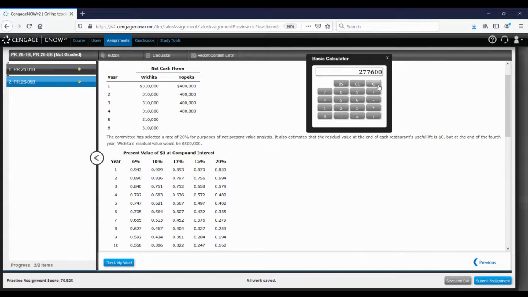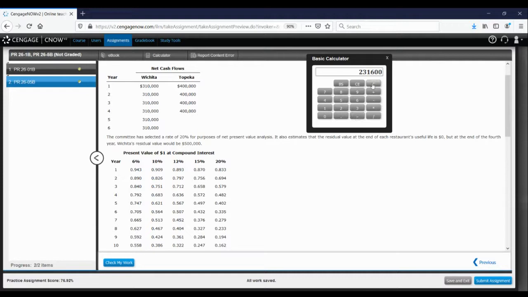In the third year is 400,000 again. And we would multiply that by the third year's table value amount, which is 0.579. And that will give you 231,600 as the present value for the third year.